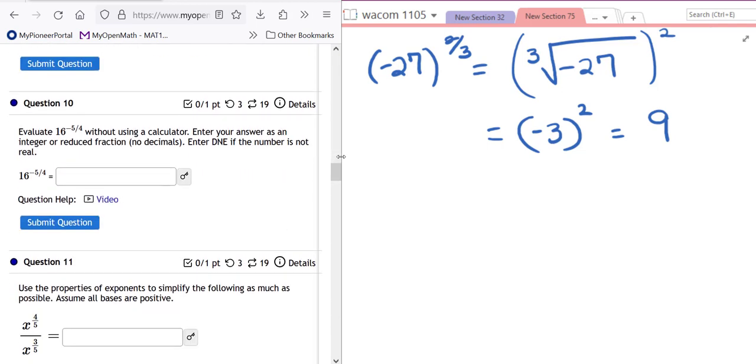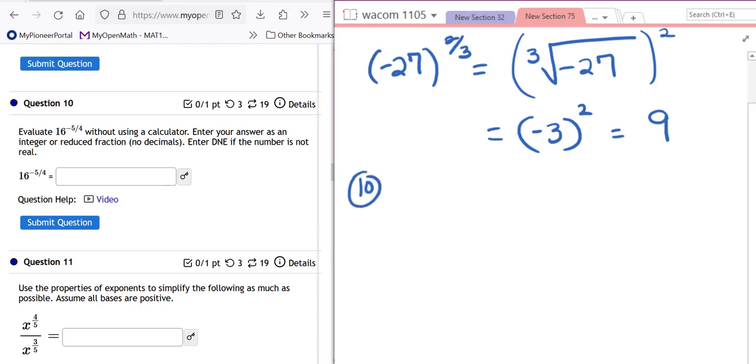Right, question 10 says, evaluate this without using a calculator. Enter your answer as an integer or reduced fraction. No decimals, DNE if it is not real. All right, so 16 to the negative 5/4. First thing is switch it and move it to the denominator because of that negative exponent.